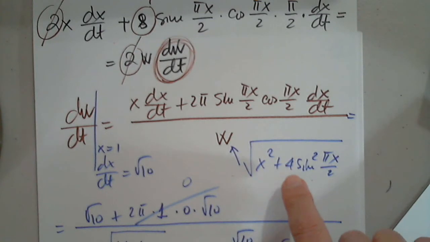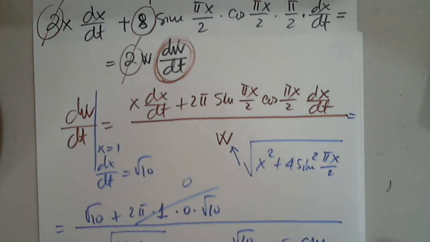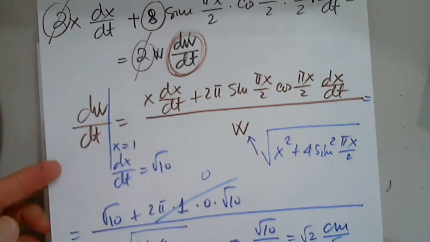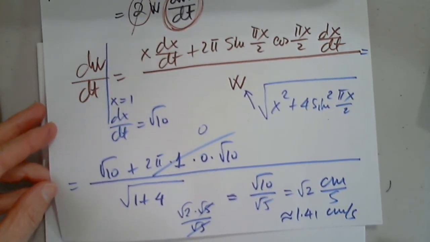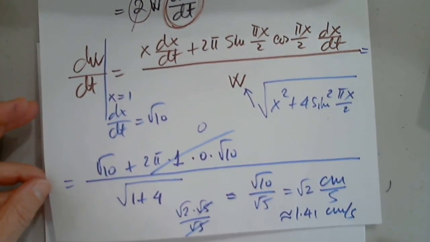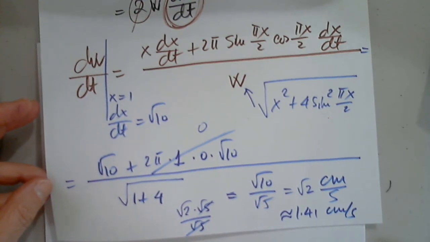And then we have 1 plus 4, and this is 1. So that's the square root of 5. So it's the square root of 2. You can approximate it as 1.41 if that's what you want. But don't ever forget the measurement unit, please. Is this better? Yes, I'm good. Thank you.